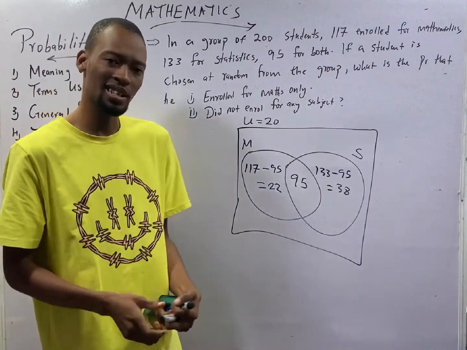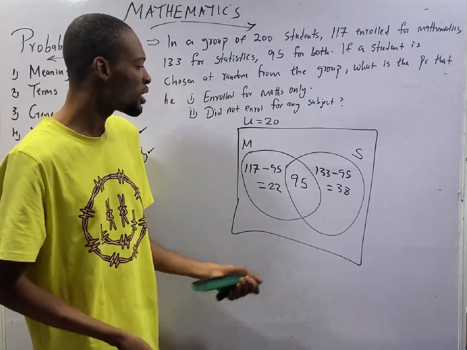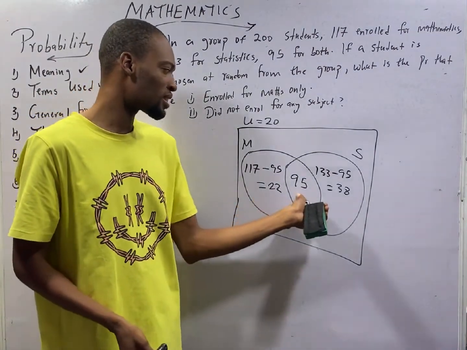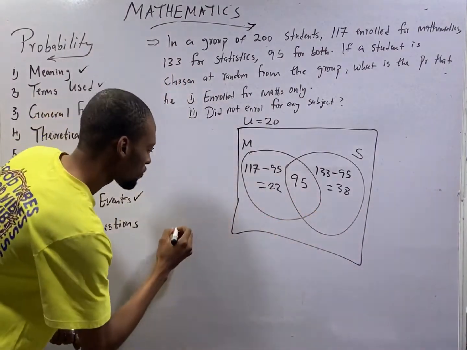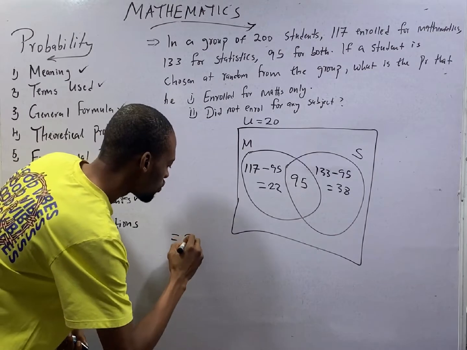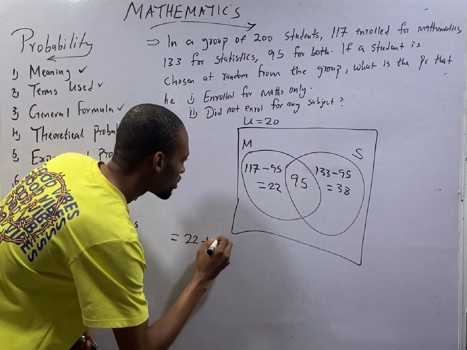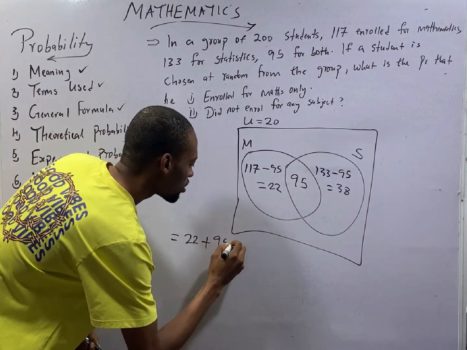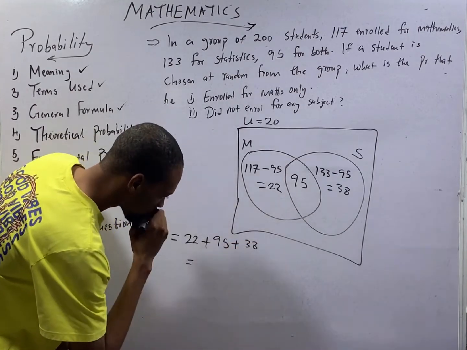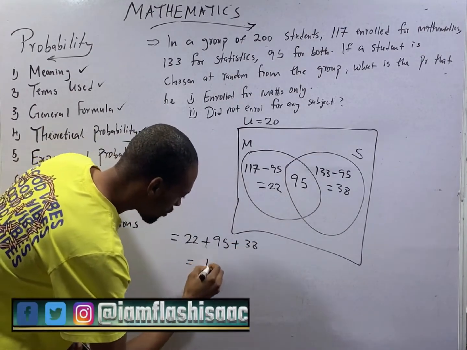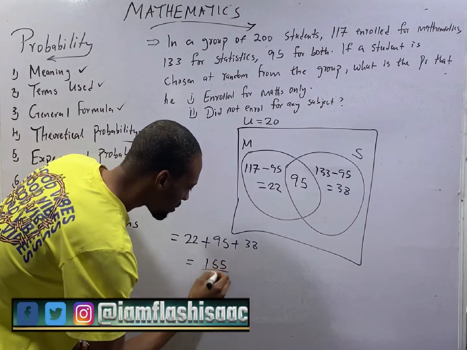Now let's add them. The number of those who enrolled for only mathematics, both mathematics and statistics, and only statistics, equals 22 plus 95 plus 38. This should be 155 if I am correct.